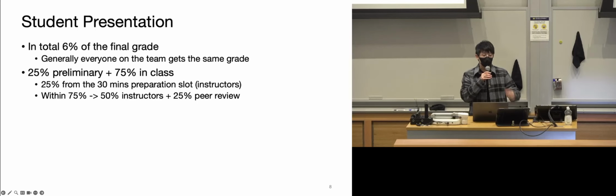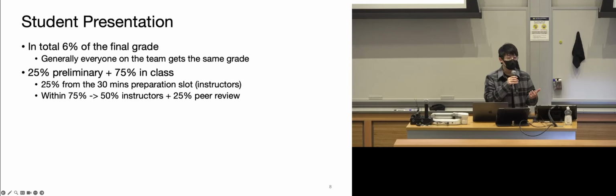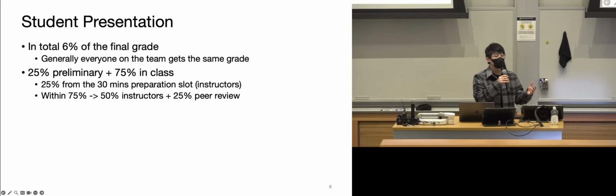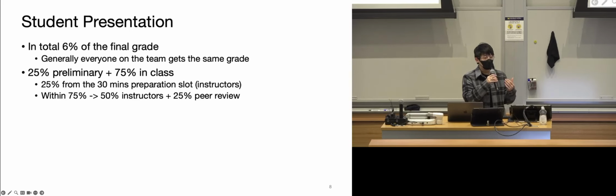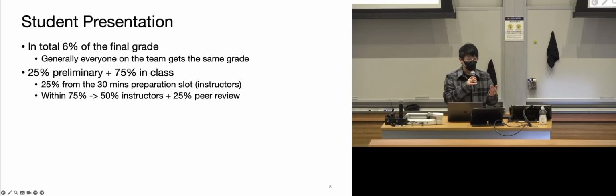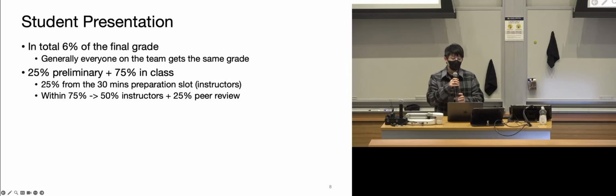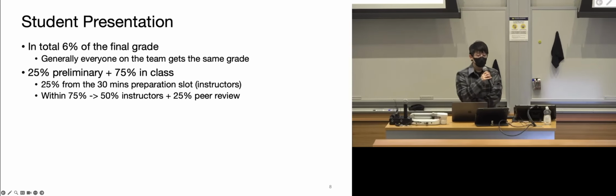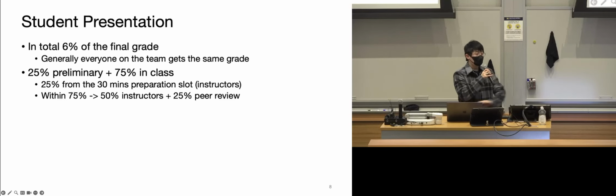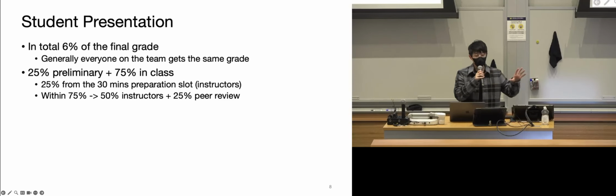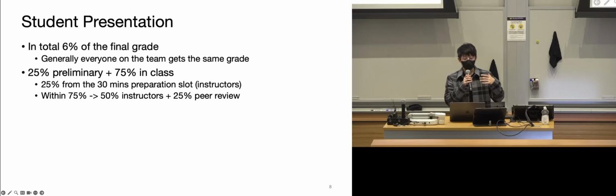Preliminary means the 30-minute slot with the instructors, to show that you have thought about it, and that you have a well-prepared plan and reasonably prepared content for the presentation. Of the 75% in class, 50% will come from the instructors sitting in the room, and 25% will come from peer review.